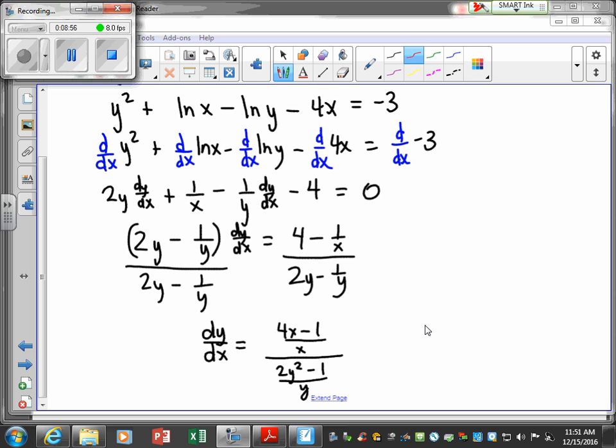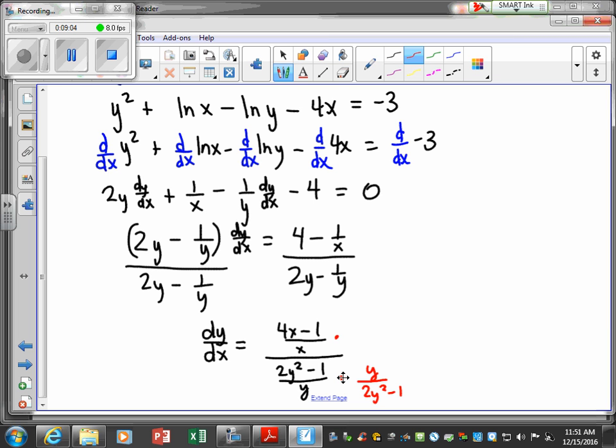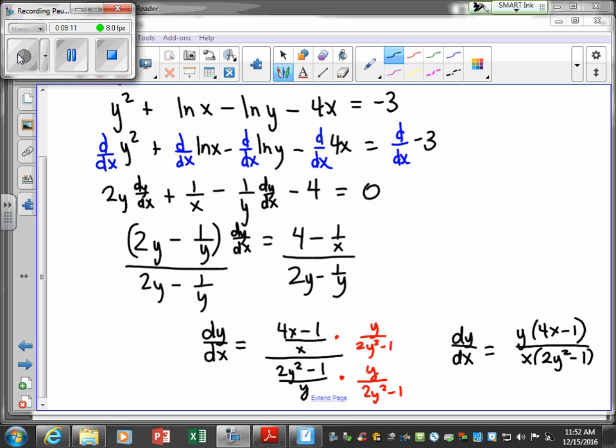If I multiply by the reciprocal here, y over 2y squared minus 1, whatever you do there, do in the numerator as well. These would simplify, multiplying by that common factor, and then we would just have y times 4x minus 1 over x times 2y squared minus 1.